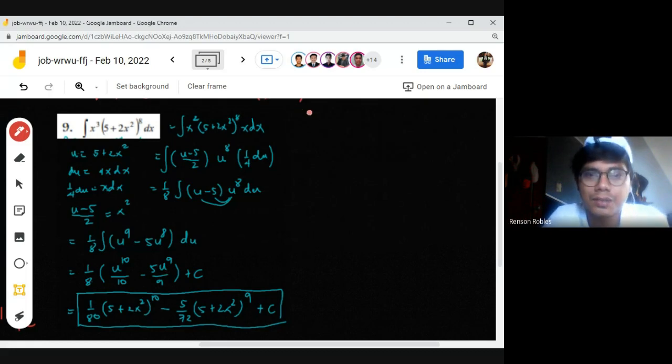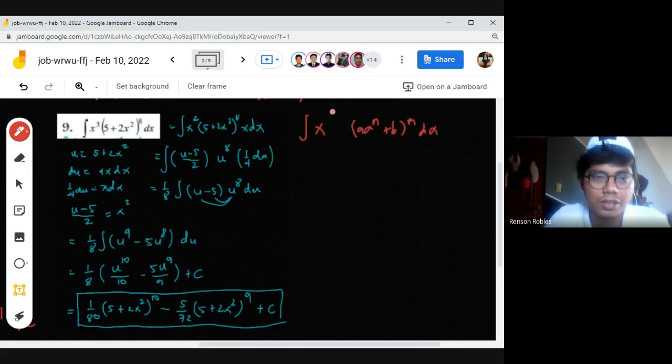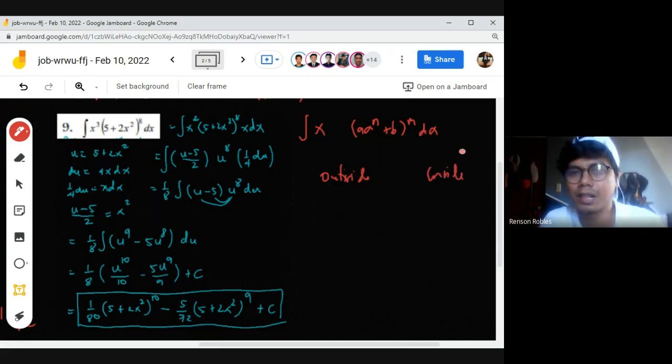So this is written of the form integral of x, then this is ax raised to n plus b raised to m dx. How do you express this 3 in terms of n? If this is your n, okay, say this is the power of x outside, and this is the power of x inside. And you will only use this formula kapag ganito yung form niya.